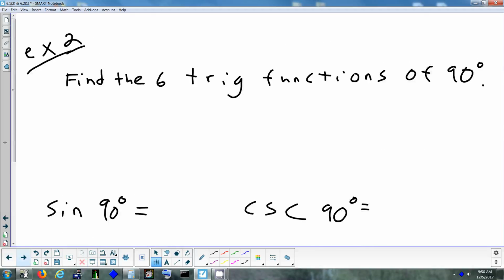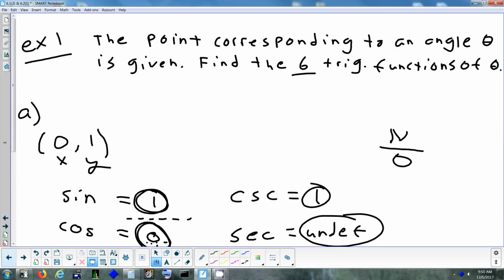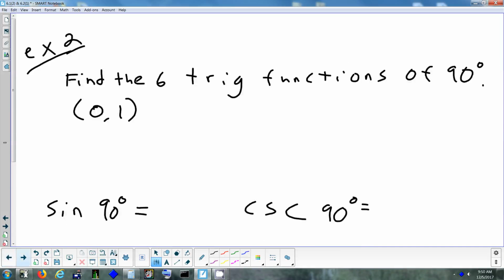And what's the coordinate for 90 on a unit circle? 1, 0 would be the coordinate for 0 degrees. 90 is up, so 0, 1. Well, if the coordinate is 0, 1, we just did that. I'm just going to say C, example 1. The only extra step here was you had to find the coordinate first, but we just went through everything.